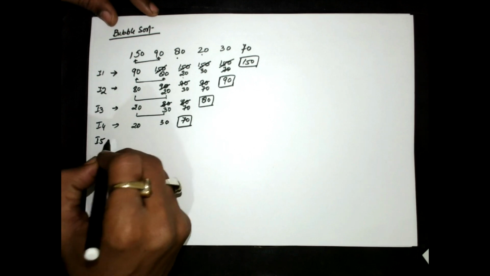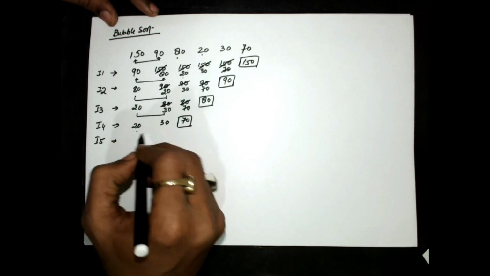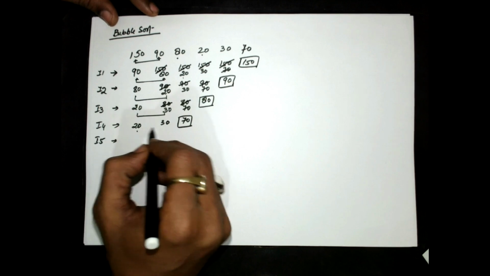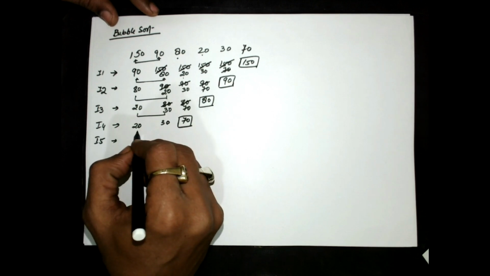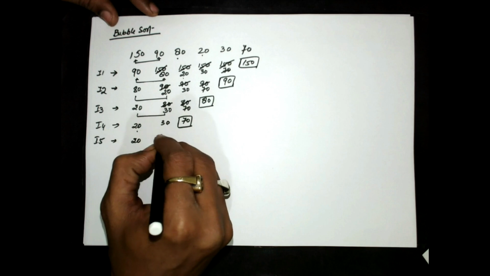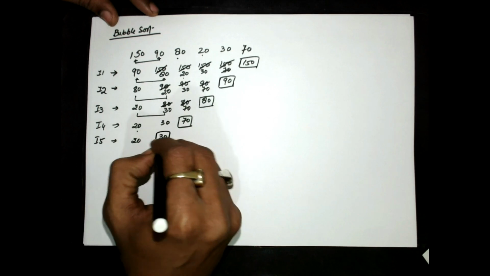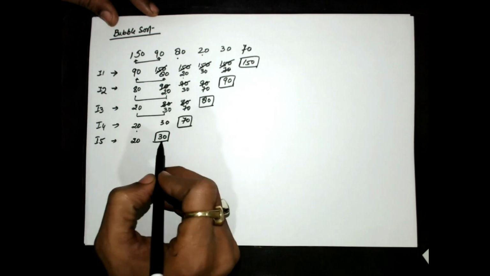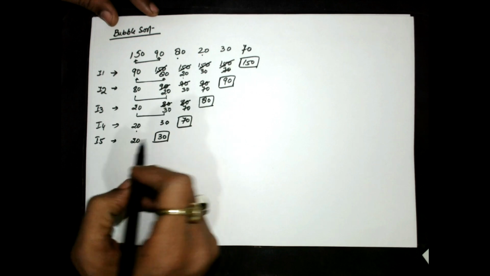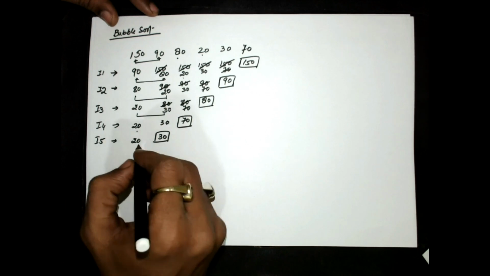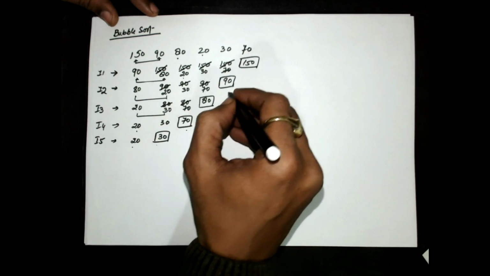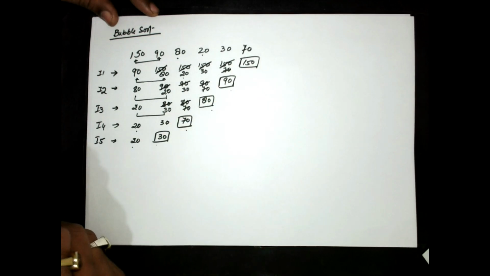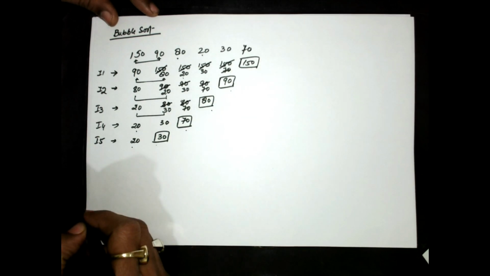Let's do another step in which I compare the first and the second element. Again there will be no exchange because 20 is smaller and 30 is larger. Now in this iteration, the position of 30 gets fixed. So now I have the elements 20, 30, 70, 80, 90 and 150. And these are the numbers in the ascending sequence.